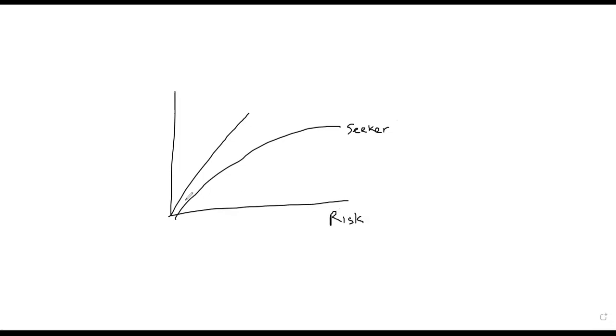If risk averse, these ones will at all costs avoid risks. They only want to associate themselves with less risky portfolios. This is how the pattern is with the different types of investors.